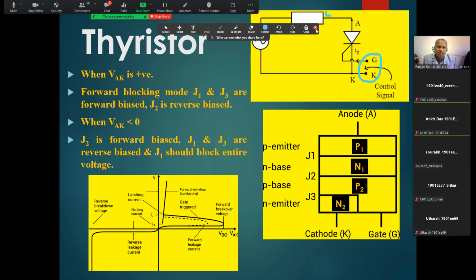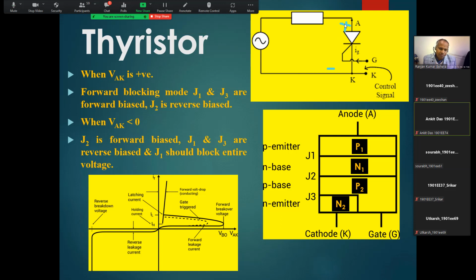Now let us understand when VAK is positive, when the anode to cathode voltage is positive. The anode is positive and the cathode is negative.